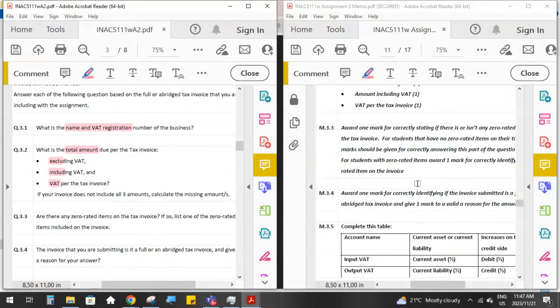So it doesn't matter. You can have a full tax invoice if the invoice is less than 5,000 Rand. You can have an invoice for 50 Rand and it can still be a full tax invoice because it's automatically a full tax invoice if it includes all of that information on page 85.